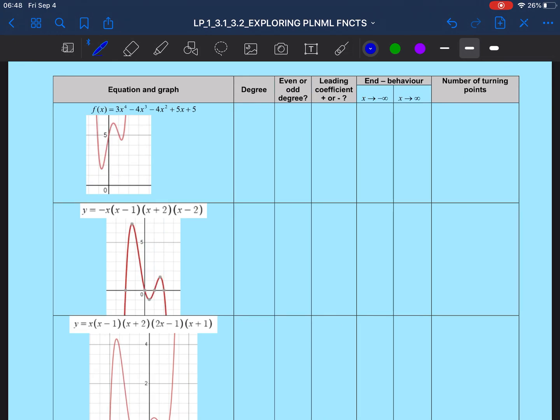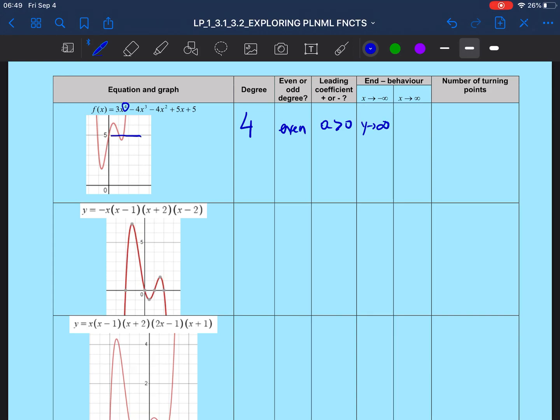Okay. In the next example, we have a fourth degree function, an even degree. Here is your fourth degree. Leading coefficient is 3, so it is positive. As x approaches negative infinity, the y values are all going towards infinity.